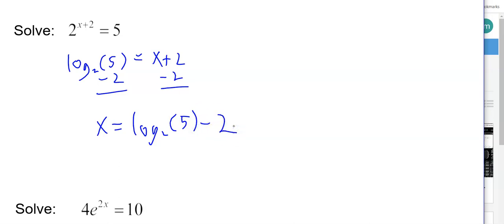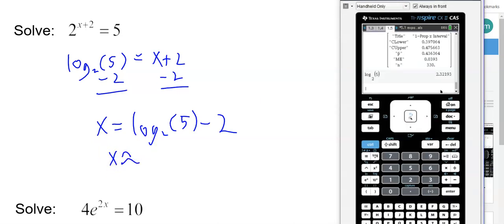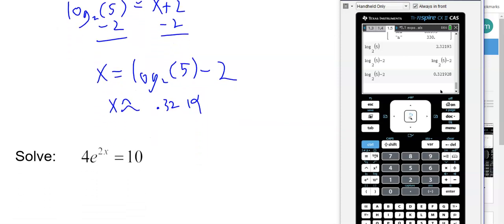If it's a no calculator test, that is the exact answer. If it's a calculator test, you would then get your calculator out. Here, I'm just going to copy that and put minus 2 after it. Sometimes you forget to hit control equals. So this is approximately 0.3219. Those are the exact answer and the approximate answer.